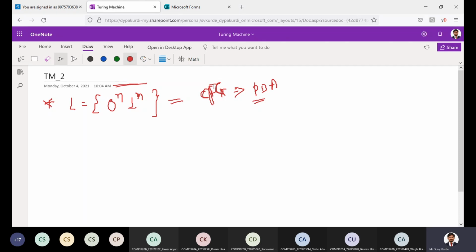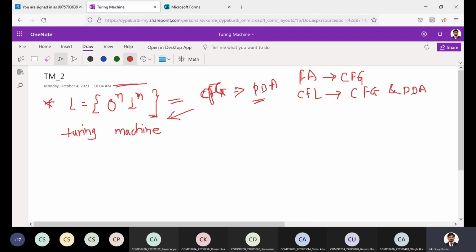Now what we have to do is construct a Turing machine for a language which is accepted by PDA. For languages accepted by finite automata, we constructed CFG. Context-free languages are not accepted by finite automata, so for those we designed CFG and PDA.